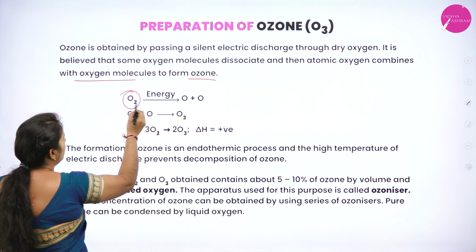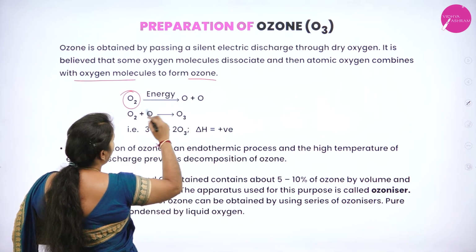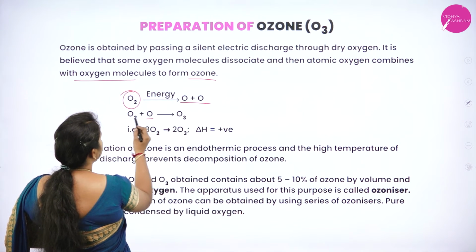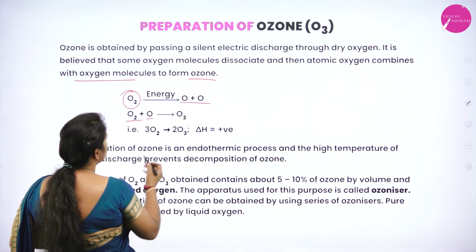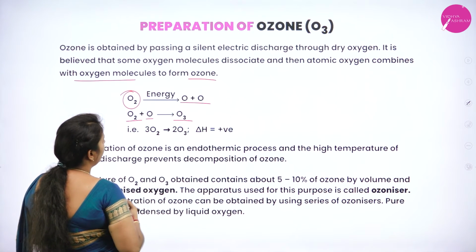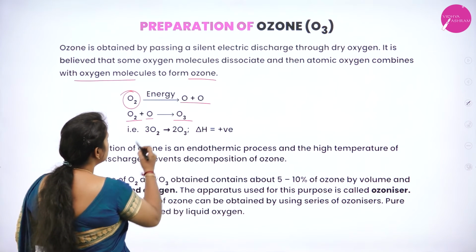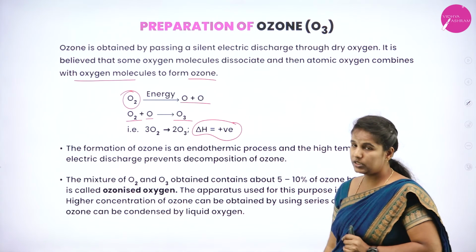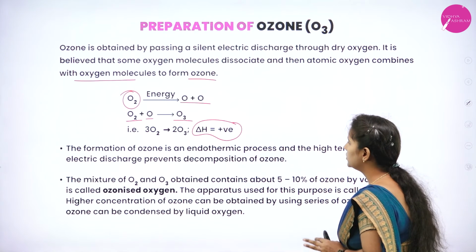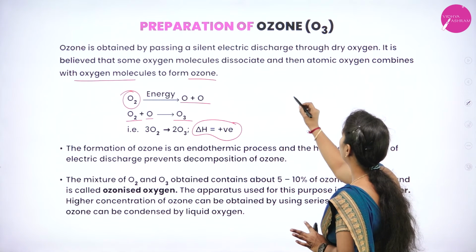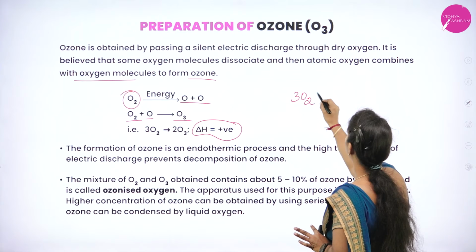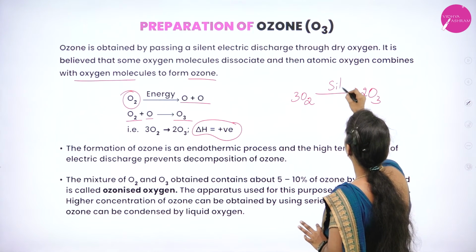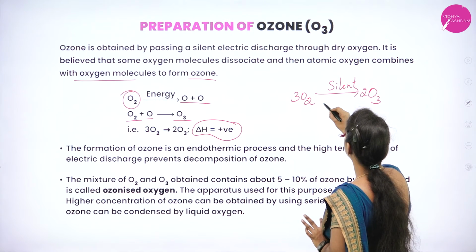So you can see that O2, upon providing energy, gives atomic oxygen, and this atomic oxygen in turn can react with dioxygen to give ozone, and the entire reaction can also be written as 3O2 gives 2O3, and delta H, that is change in enthalpy, is positive. It is silent electrical discharge.